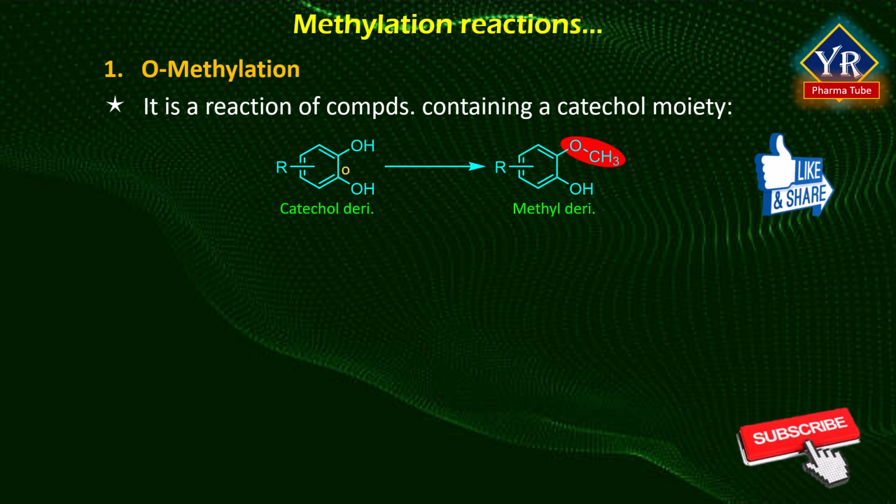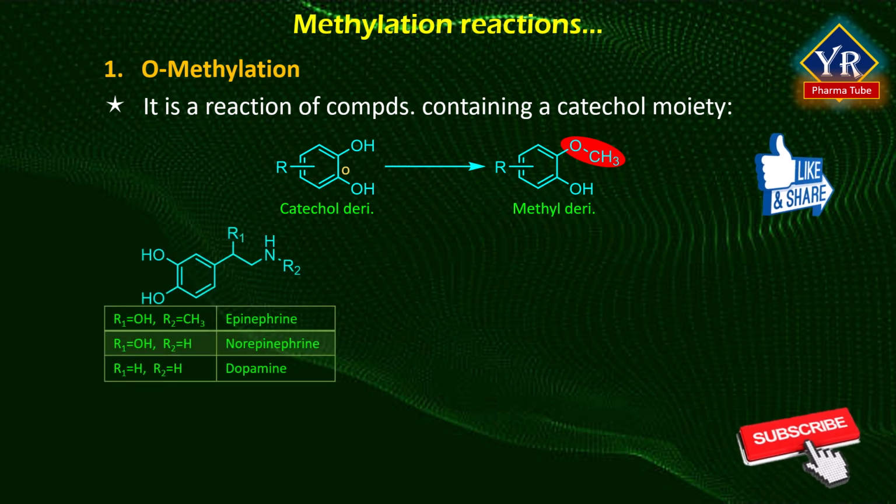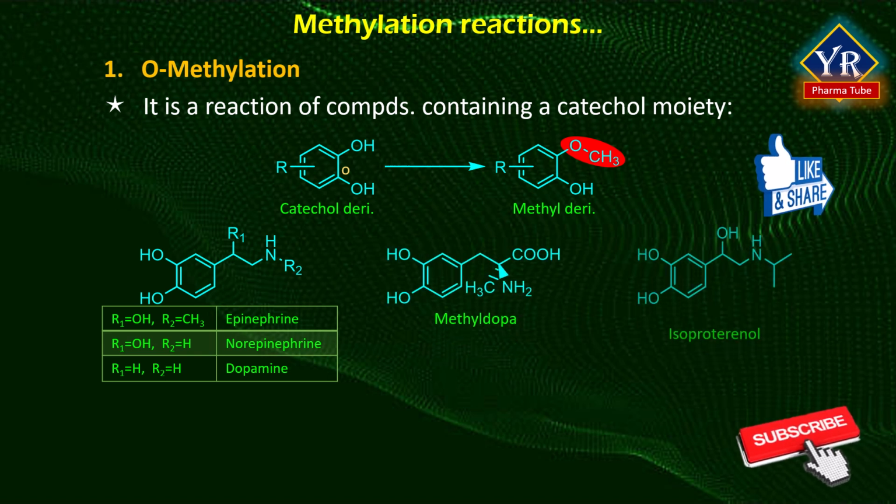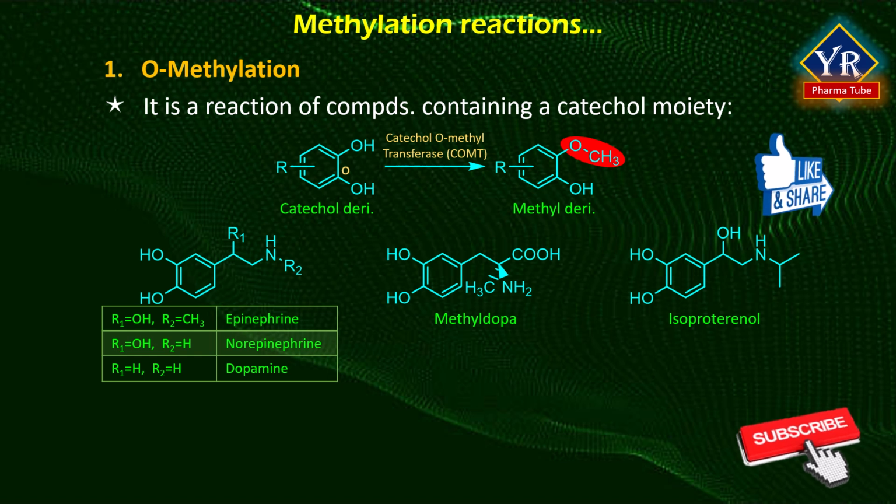This includes endogenous amines such as epinephrine, norepinephrine, and dopamine, as well as a number of adrenergic agonists such as methyldopa and isoproterenol. Catechol O-methyl transferase, abbreviated COMT, a magnesium-dependent enzyme, transfers methyl groups specifically to the meta position of the catechol derivatives such as epinephrine and isoproterenol.